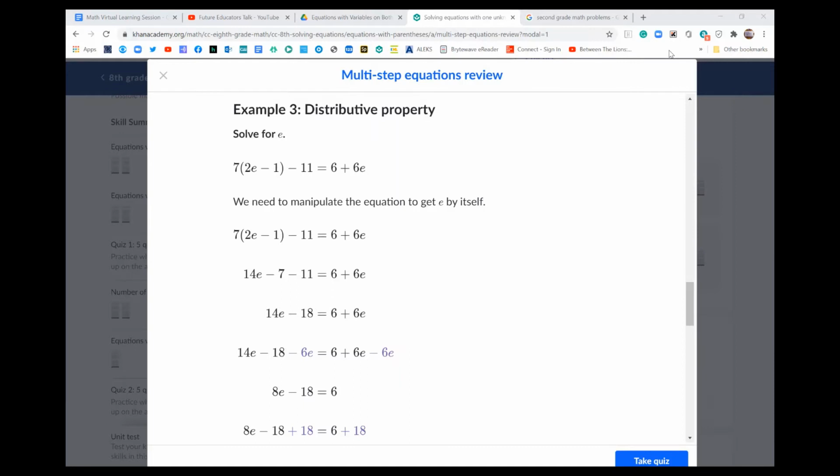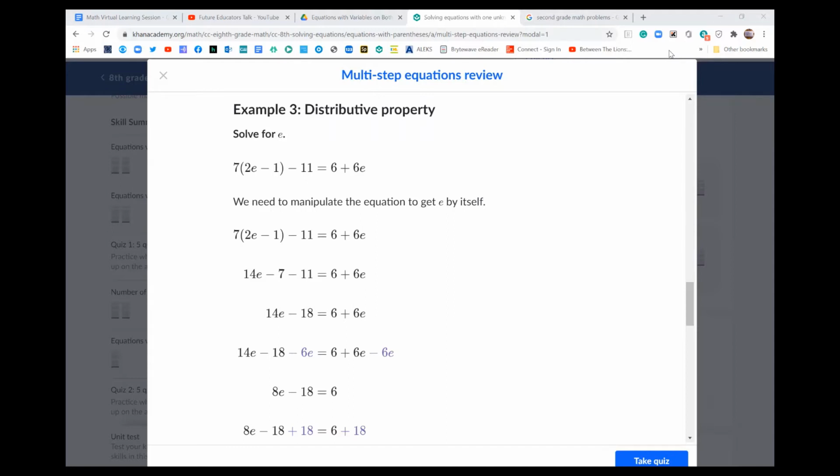But anyways, example 3, the distributive property. So we're going to solve for E. Our example problem shows 7 times (2E minus 1) minus 2 times (negative E minus 1) minus 11 equals 6 plus 6E.